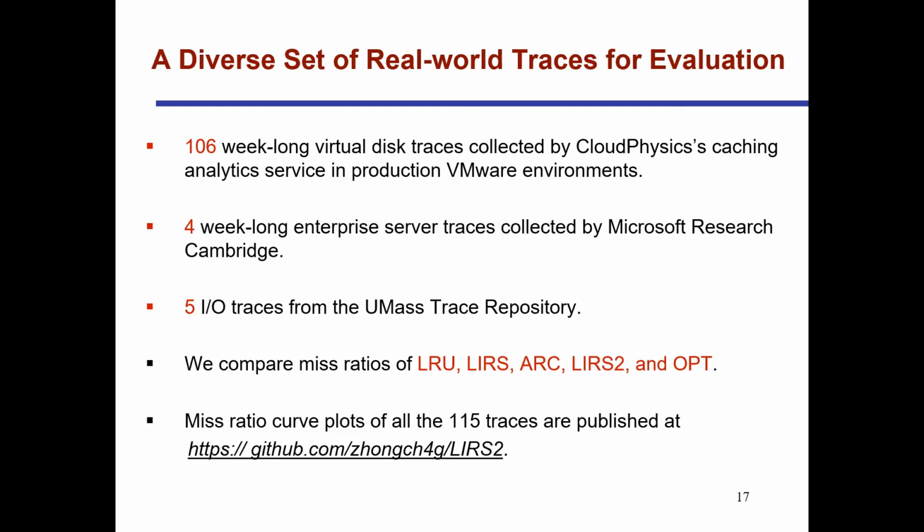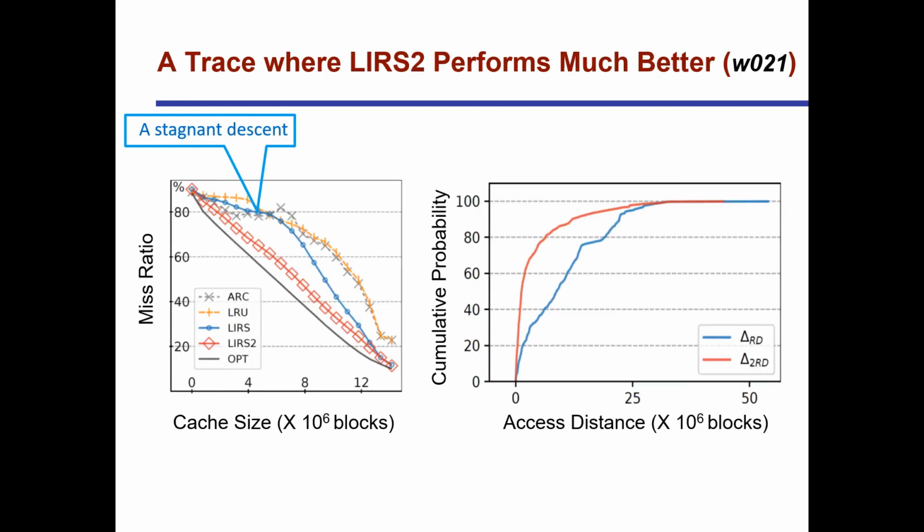In the evaluation, we use a diverse set of real-world traces. This includes 106 virtual disk traces from Cloud Physics, 4 traces from Microsoft Research, 5 I/O traces from the UMass Trace repository. We choose results of 2 traces to present here. In one trace, LIRS2 performs much better than LIRS and other online algorithms in this ratio.